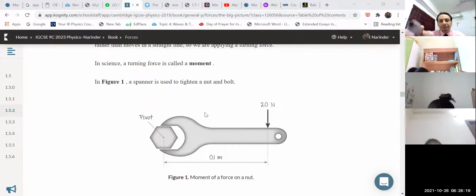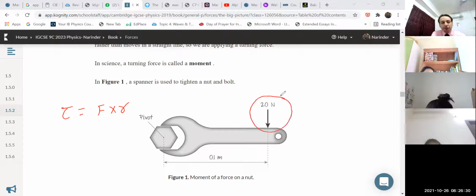Now see, children, I know moment is given by torque, force multiplied by R. Where is the force, children? You can see this is the force, which is 20 Newton. This force is acting perpendicular to the axis of rotation. What is R? Remember, children, R is the distance between the force and the axis of rotation.